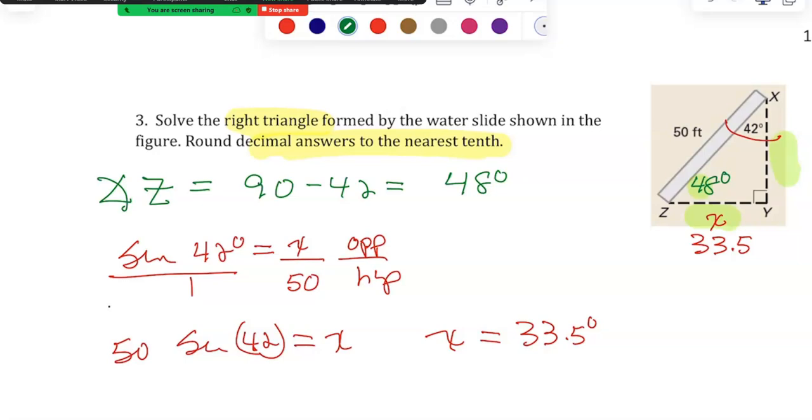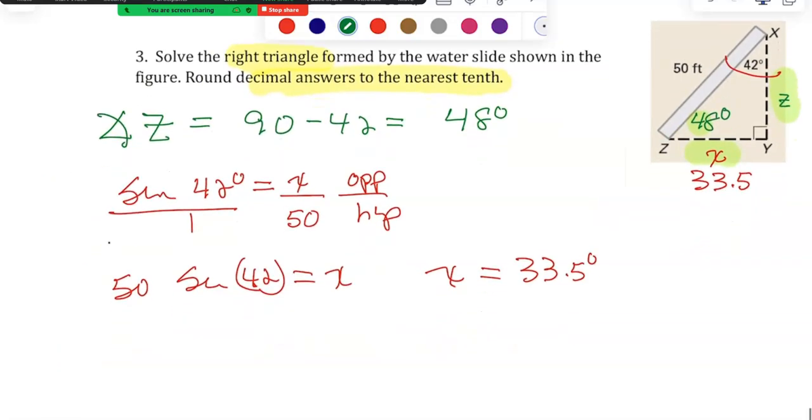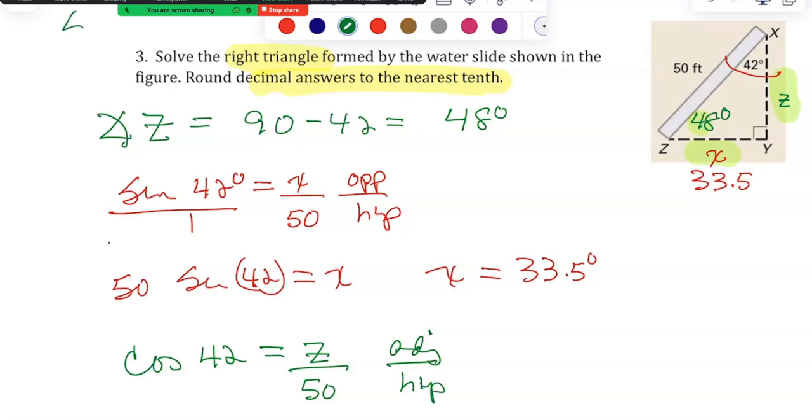Okay, let's use green. And let's try to find little side z. So I'm going to use 42. And I'm going to say that the cosine of 42 equals little side z over 50, because cosine is adjacent over hypotenuse. Remember, everything we're doing is SOHCAHTOA.